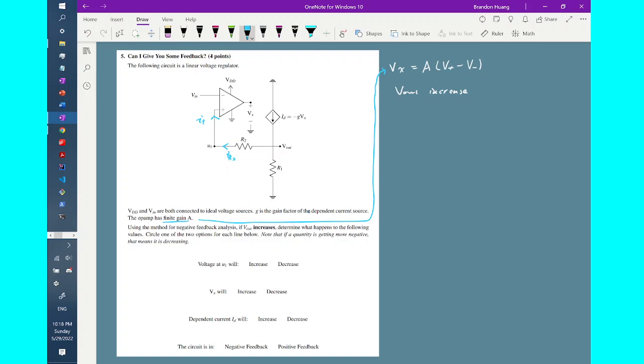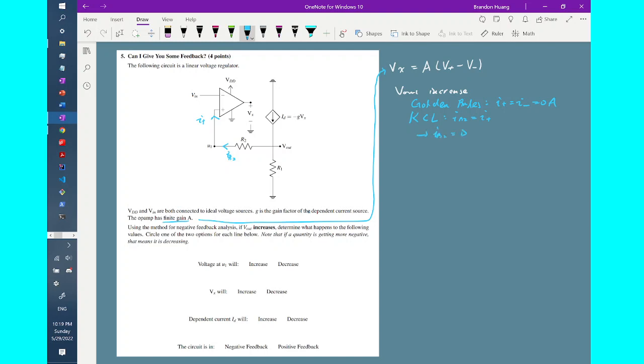However, the golden rule tells me that regardless of how the feedback is on this op-amp, the currents that flow into the terminals should be 0 amps. And Kirchhoff's current law is telling me that IR2 is equal to I+. Therefore, IR2 is equal to 0.